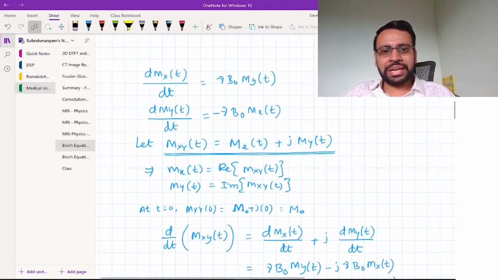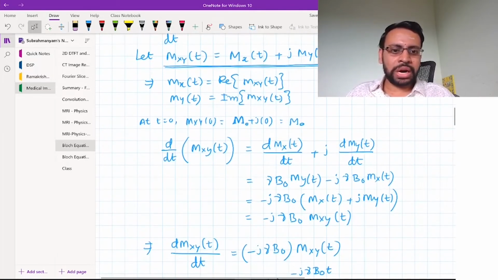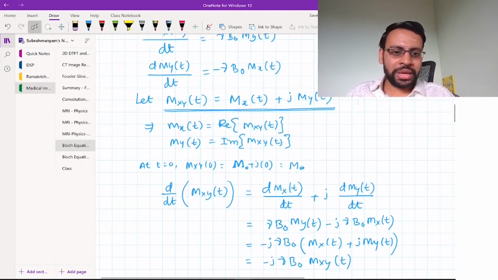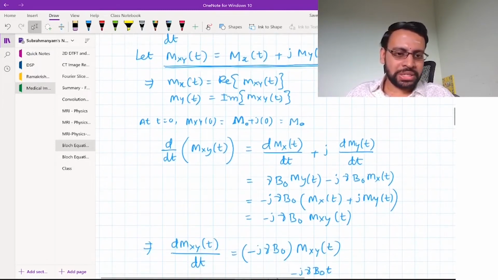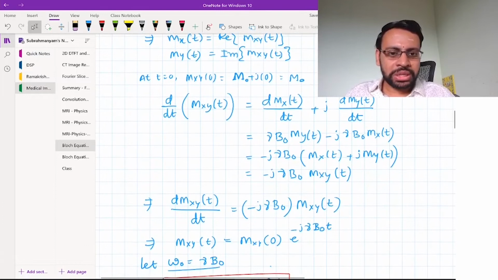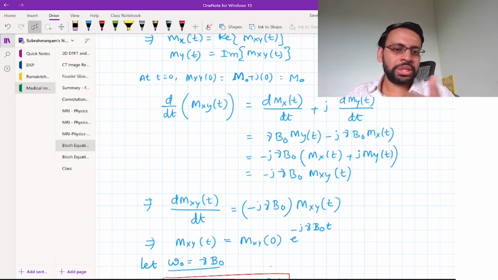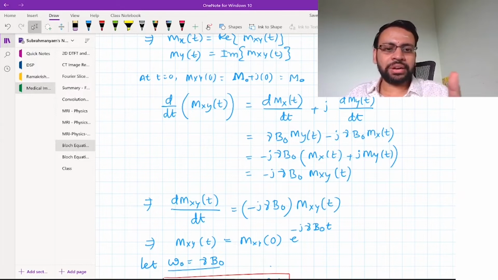So that's exactly what you are going to do here. That would give you gamma times B naught into My of t minus j times gamma times B naught Mx of t. Again, you could notice here minus j times gamma B naught. Please pause the video here and work it out in your notebooks, then this will be quite obvious to you.